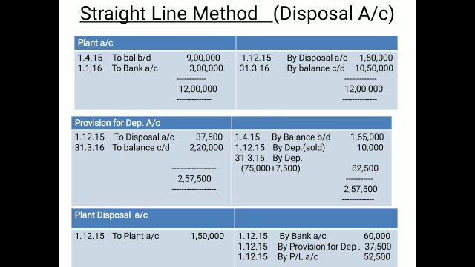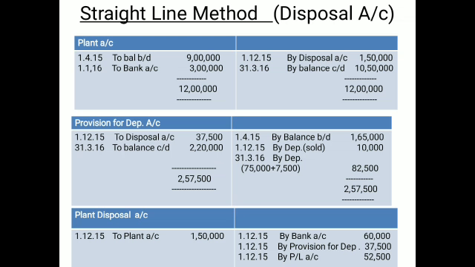Second is the disposal, and third is the new machinery purchase, and then you have to calculate the balance after this. And now in the provision account, you may see the by balance is listed, the depreciation on the sold machinery is already listed for the 8 months, and now the disposal is listed. Now you have to calculate the by depreciation on the remaining machinery.